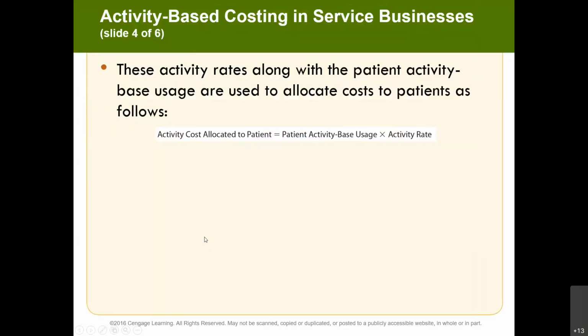And that's really how it works too in the vast majority of hospital settings. So these activity rates, along with patient activity base usage, are used to allocate the cost to patients. So what we do here, for the activity base allocated to each patient, we take the patient activity base usage and multiply that by the activity rate.